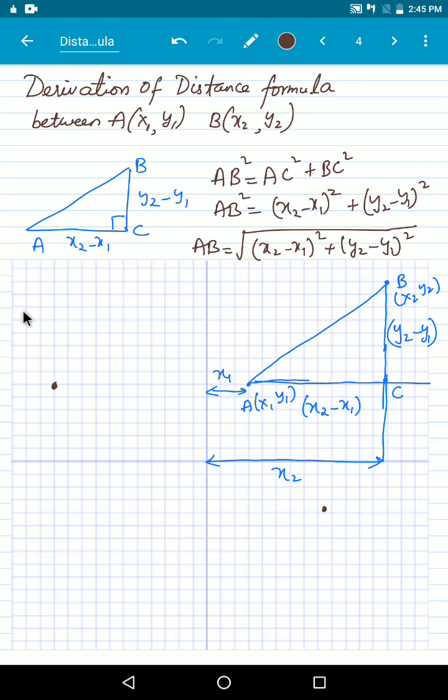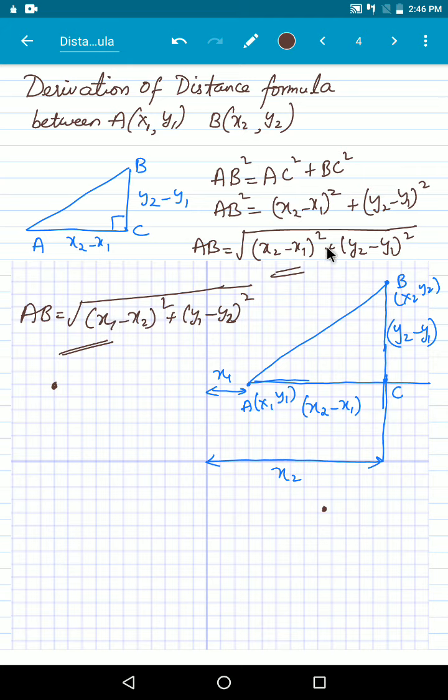And sometimes, in some books, this formula is written as (x1 minus x2) whole square plus (y1 minus y2) whole square, which is also correct. It doesn't matter whether you use x1 minus x2 whole square or x2 minus x1 whole square.